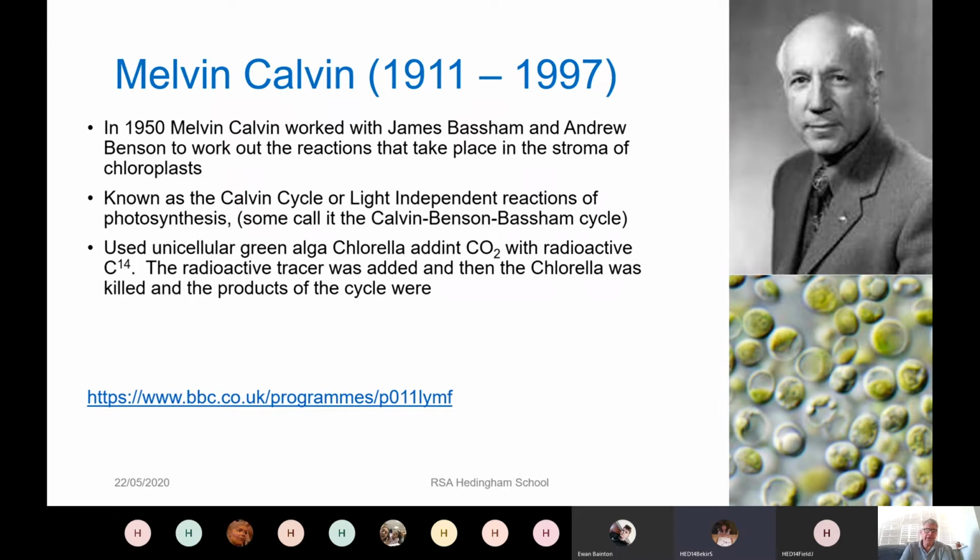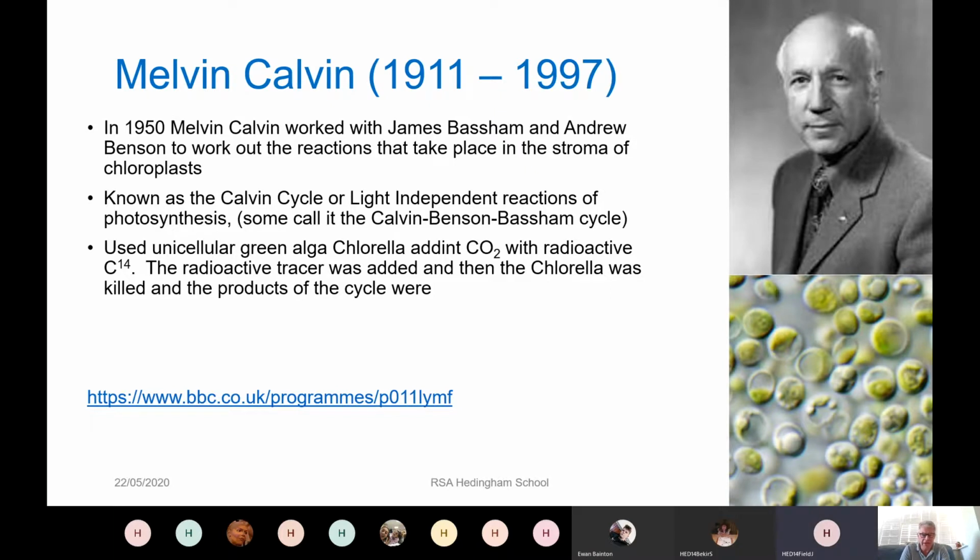What he did, you don't need to know this bit, but just out of interest, he used a unicellular alga called chlorella. He gave it carbon dioxide with radioactive carbon-14, and shortly after that he dropped them in liquid nitrogen or something to stop any reactions.